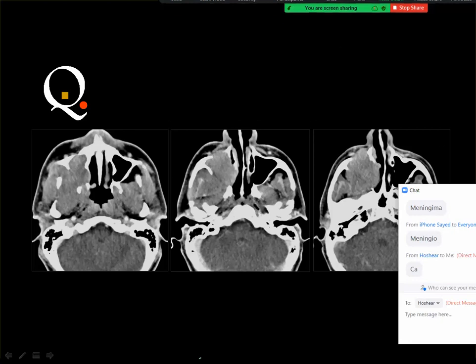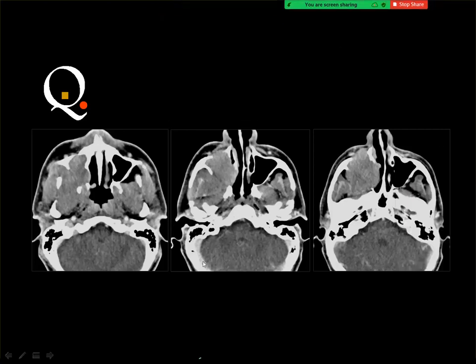Yes, carcinoma, this is right. Actually, if you see a destructive mass in the maxillary sinus and extending in the surrounding spaces, the first possibility at all is to consider a carcinoma of the maxillary sinus.